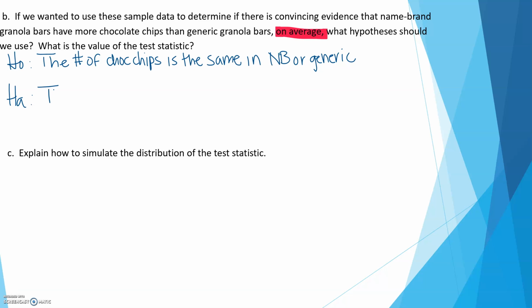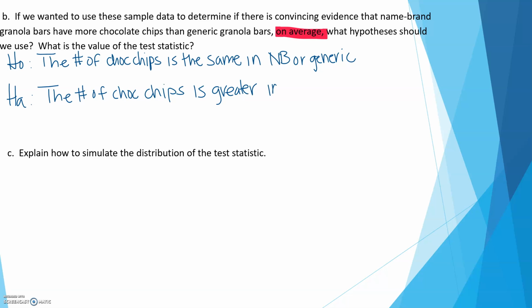And then the alternative. So we're still going to use the number of chocolate chips. Okay, and again, we're not giving it personable power. We're not saying it has an ability, so we're just going to say the number of chocolate chips is greater. So we're still using those same and greater words.